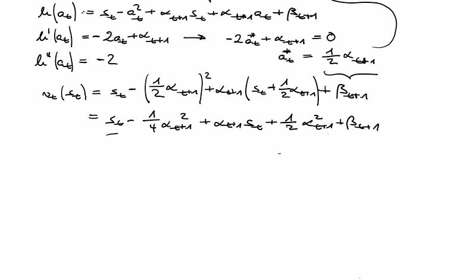So we have an s here and we have an s here. So we can write alpha t plus 1 plus 1 times s_t. So then we get alpha t plus 1, we get this term, and plus 1 we get this term, plus 1/4 alpha t plus 1 squared.